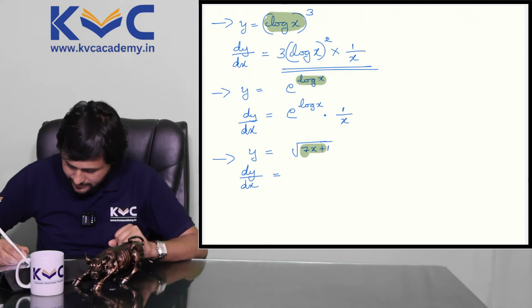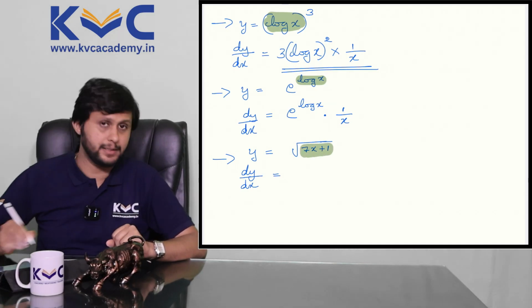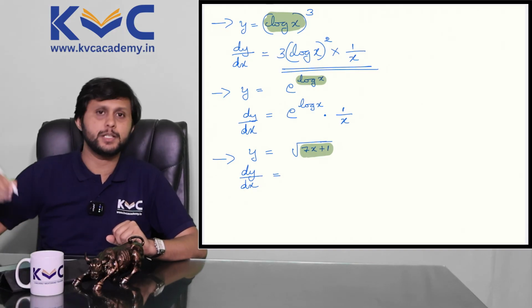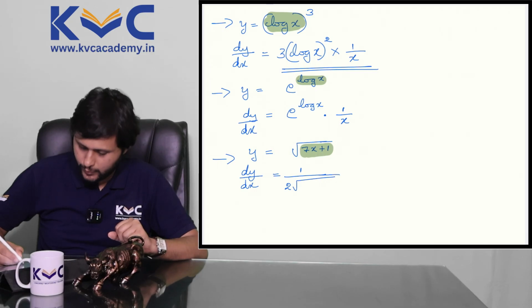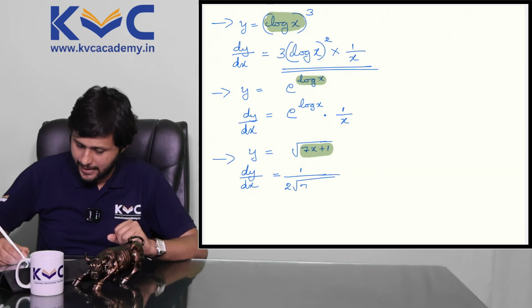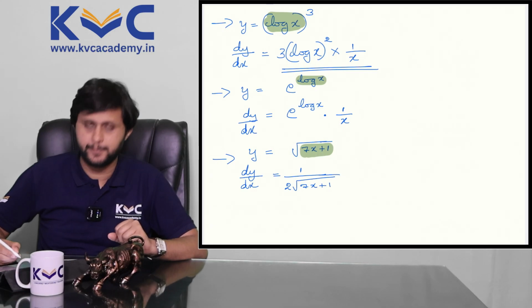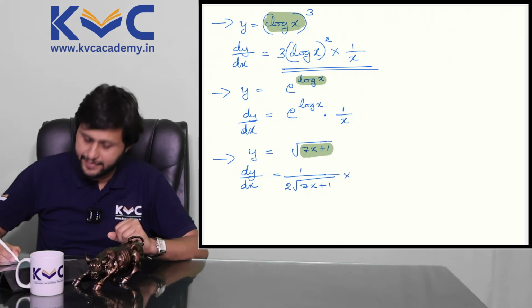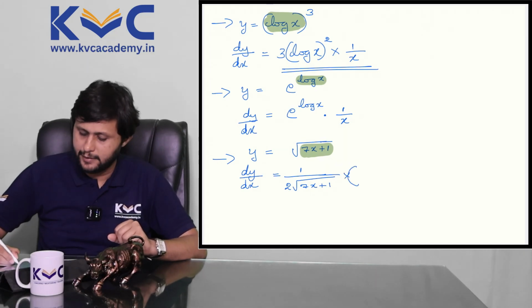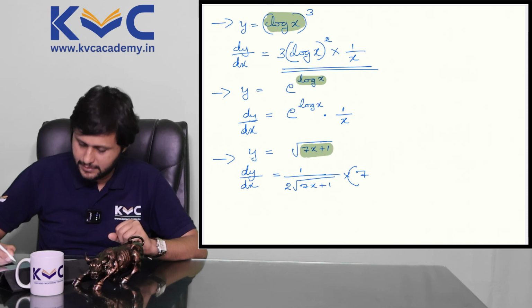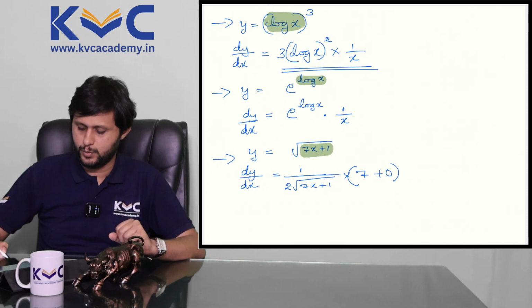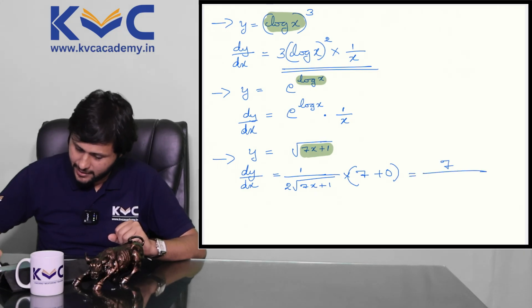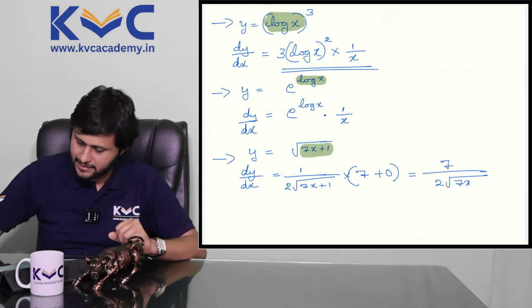So instead of x we have this entire thing, right? Entire thing should be highlighted. Now differentiation of root x is 1 by 2 root. 1 by 2 root. Instead of x we have 7x plus 1. Now differentiate 7x plus 1. I'll put a bracket. Differentiation of 7x is 7. Differentiation of 1 is 0. So final answer would be 7 divided by 2 root 7x plus 1.